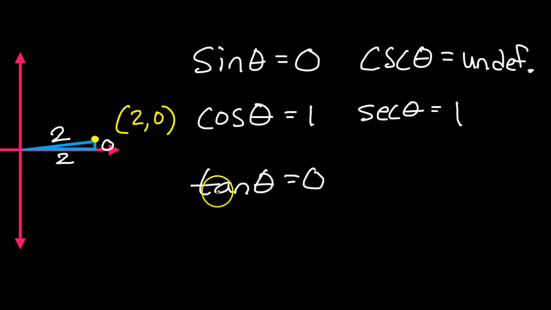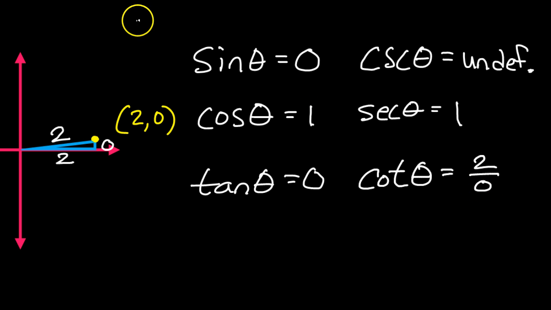All right, now how about the cotangent? All right, remember tangent was opposite over adjacent. So the cotangent is adjacent over opposite. Again, that would be 2 over 0. And again, you cannot divide by 0. So the cotangent is undefined.